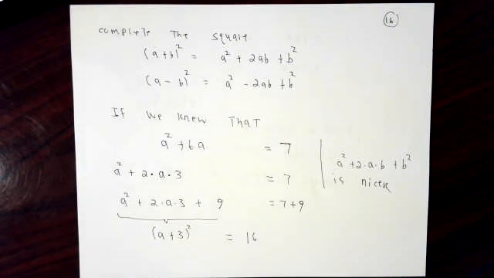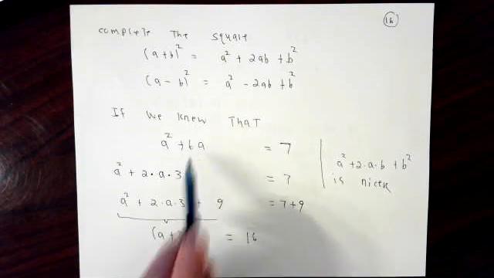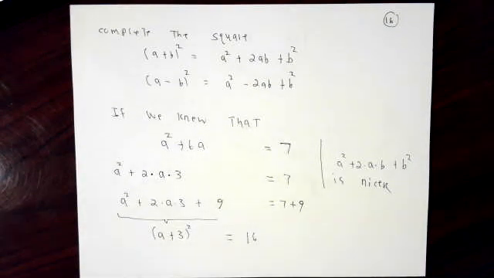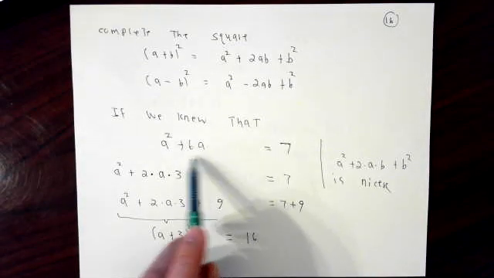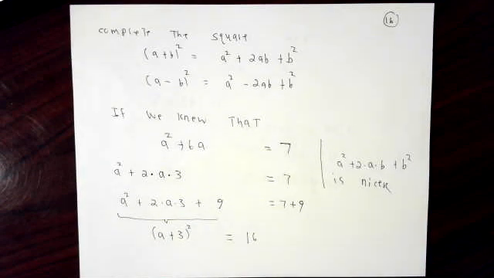The something has to multiply together with 2 to give me this 6 here. So obviously the something is 3. It's half of the coefficient of the a to the first power term. So I'm going to take the 6 and cut it in half if I want to think of it that way. 6a is 2 times a times 3.